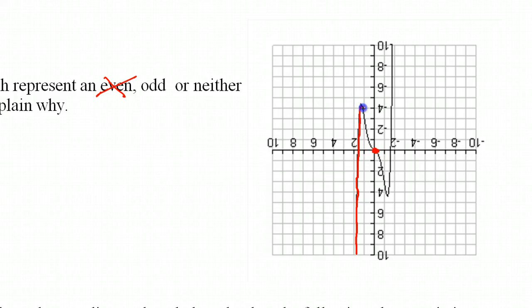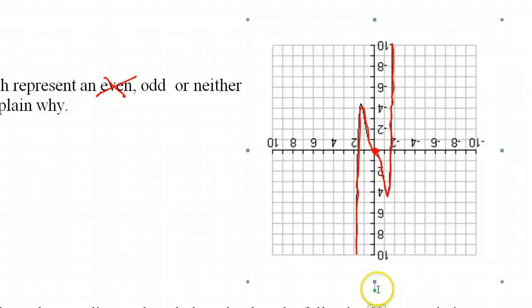If I were to trace this graph, so that when I rotate it back again, you will be able to see whether or not it matches. Again, not a perfect tracing job, but enough to give you the idea.